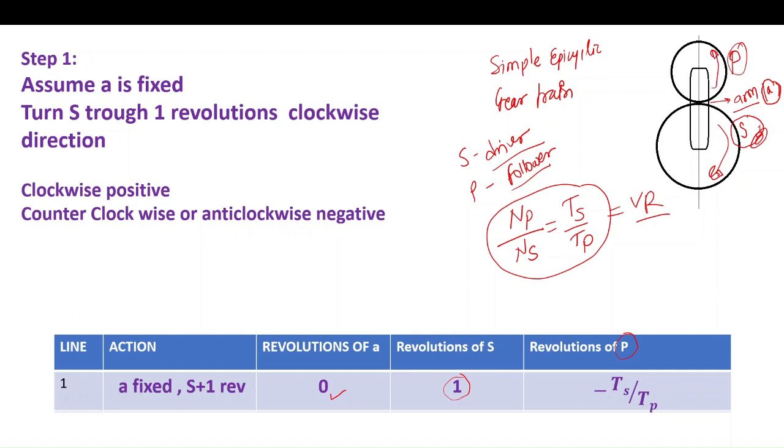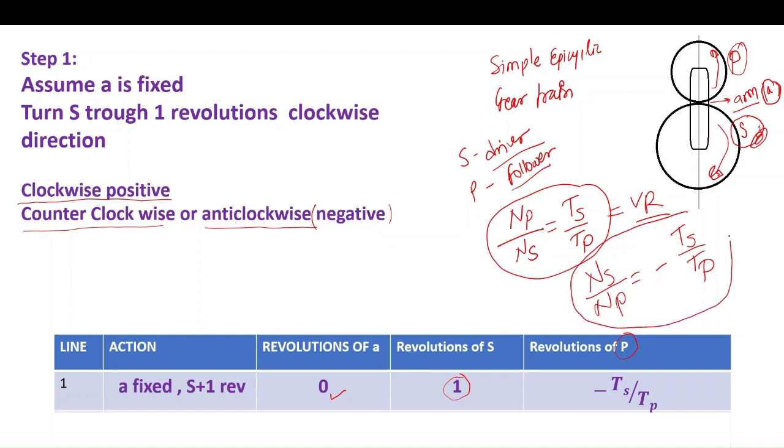Considering clockwise as positive and anti-clockwise as negative, ns upon np will be equal to minus ts upon tp. What we are trying to do here is get the equations that can solve this problem. Using those equations we will get the final solution.